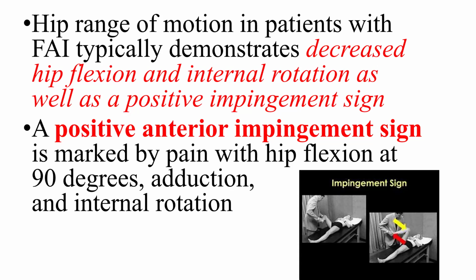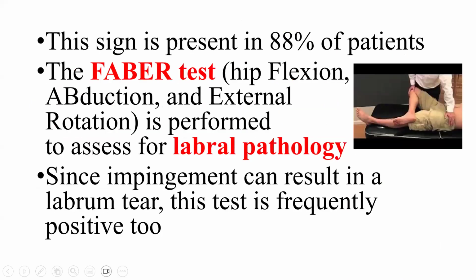And this is well demonstrated in the photo. This is for an anterior impingement sign. For a posterior impingement sign, this can be demonstrated by the FABER test, a flexion, abduction, and external rotation test. This sign is present in 88% of patients with an anterior impingement sign.